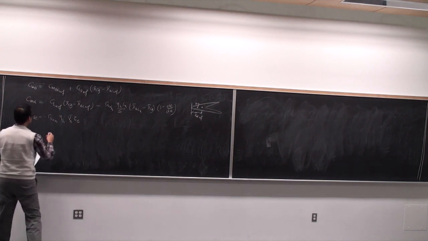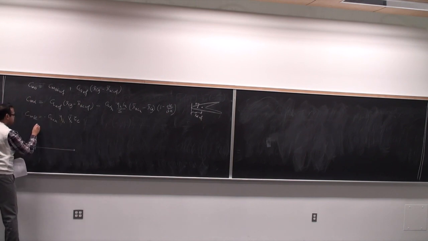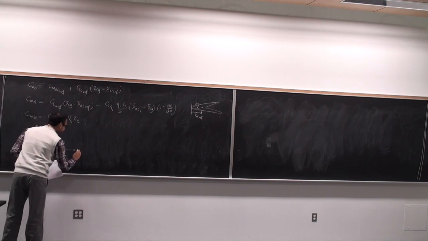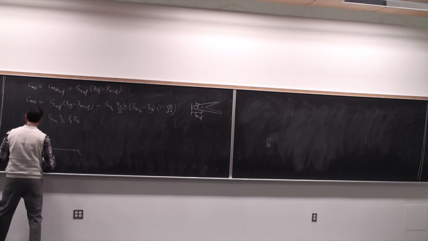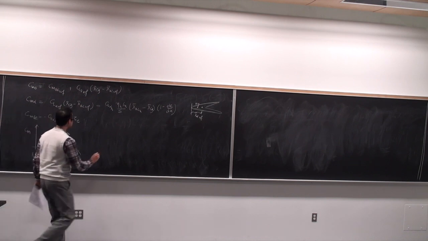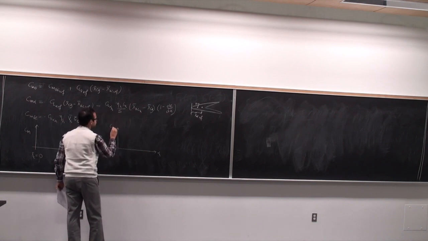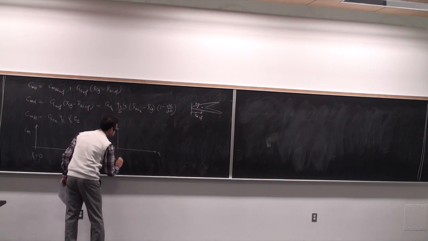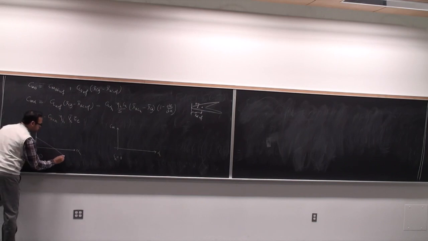So you can plot these things. For example, you can plot Cm versus alpha for 0 delta E, and Cm versus alpha for 0 incidence, and you will have a nominal curve.